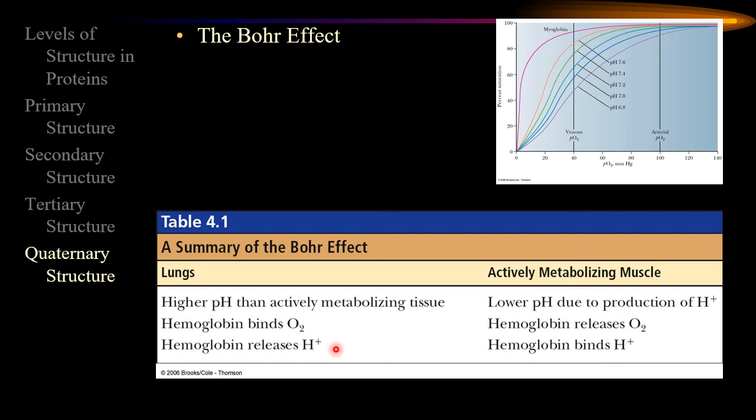In actively metabolizing muscle, there is a lower pH due to the production of hydrogen ions as a side product of metabolism. So hemoglobin binds to hydrogen ion, and then it's not conducive to carrying oxygen. So hemoglobin releases oxygen under more acidic conditions. So that's the summary of the Bohr effect.